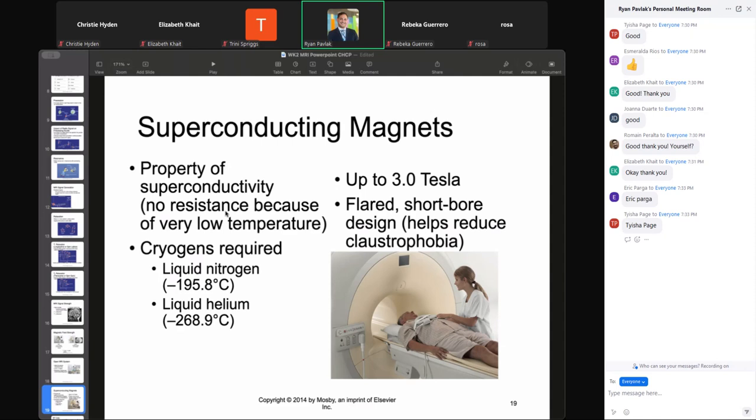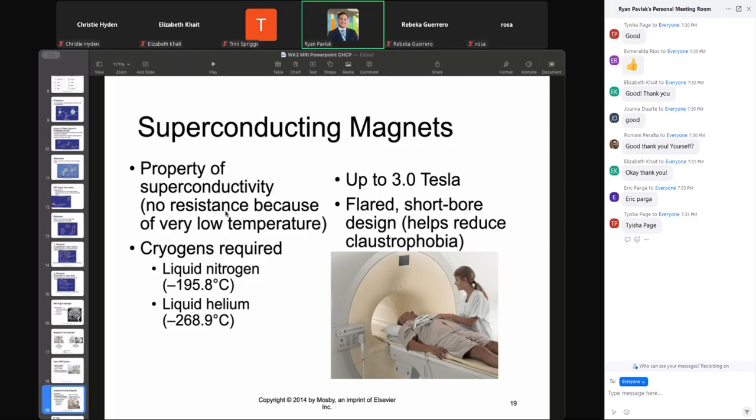The way that we keep a superconductive magnet going is we drop the temperature in that area to a sub-zero temperature. So it's actually negative 456 degrees Fahrenheit, negative 268 degrees Celsius.